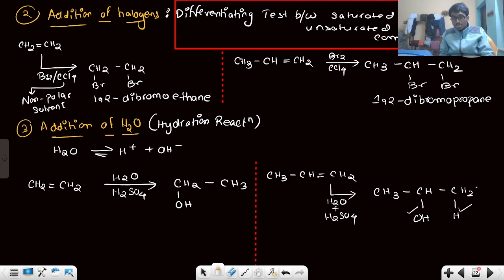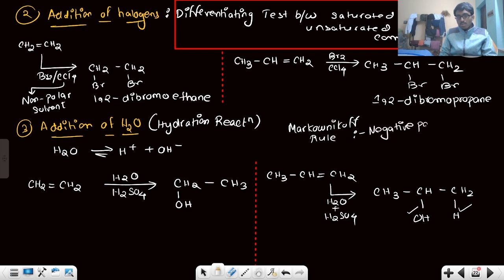Please go and refer to the notes already written there. Still I am mentioning it here. In short I am writing Markovnikov's rule: negative part attaches to the less hydrogen wala carbon.